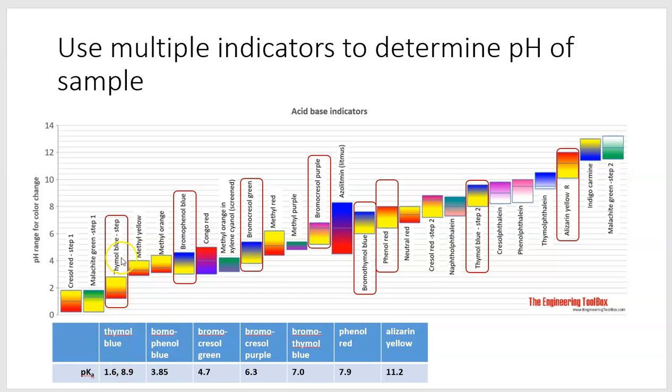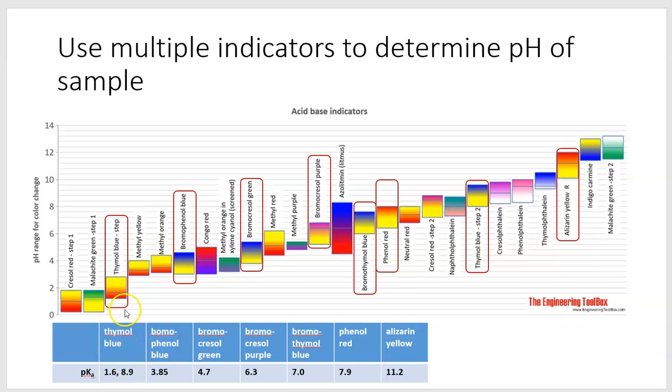This is thymol blue, and it should say step 1; they missed the 1. And over here is thymol blue step 2. If you're looking at yellow and red or orange, you're around the first pKa of 1.6. And if you're seeing yellow or blue or maybe a little bit green, in between, then you're around the other pKa of 8.9.